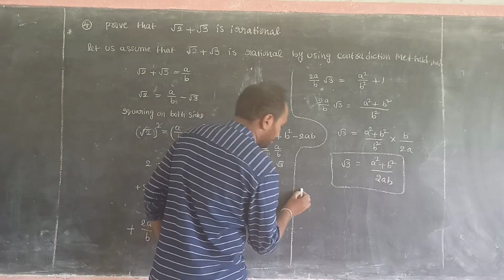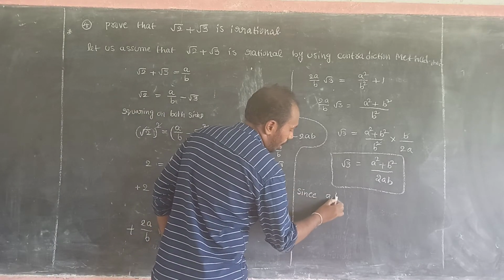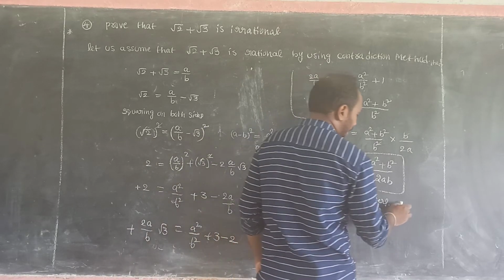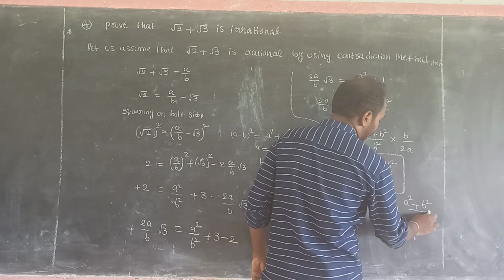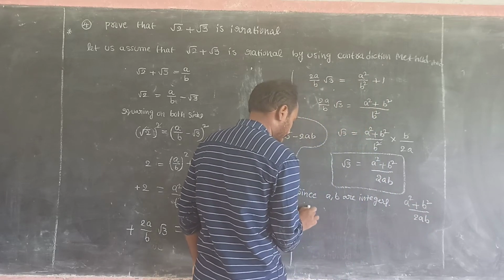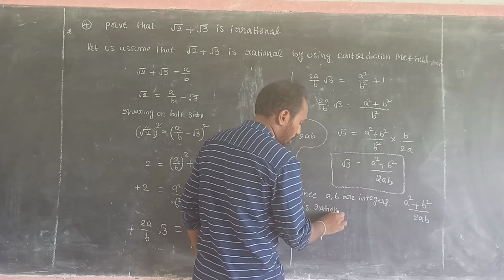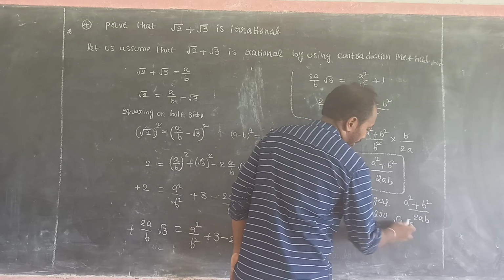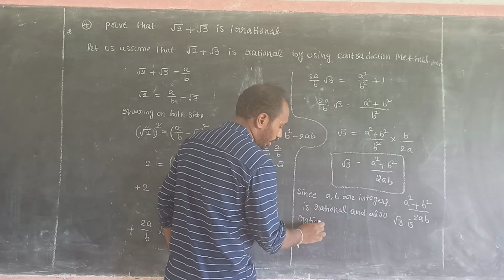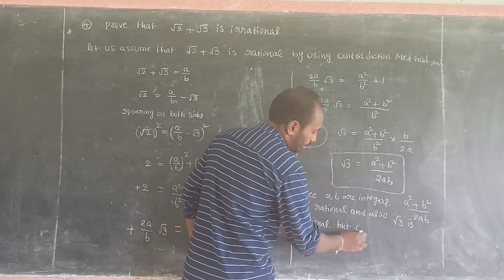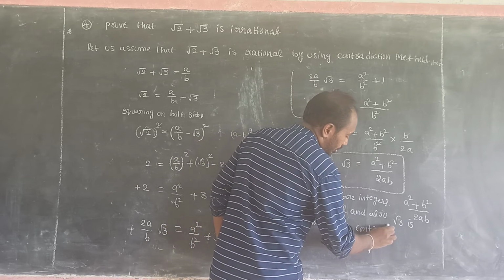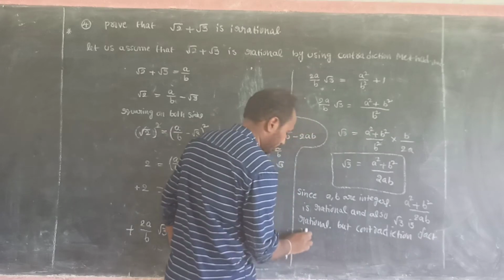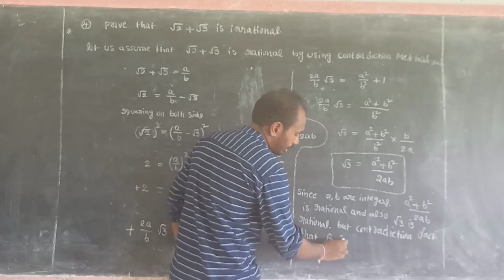Since a and b are integers, therefore the left-hand side, (a square plus b square) by 2ab, is rational, and also root 3 is rational, but this contradicts the fact that root 3 is irrational.